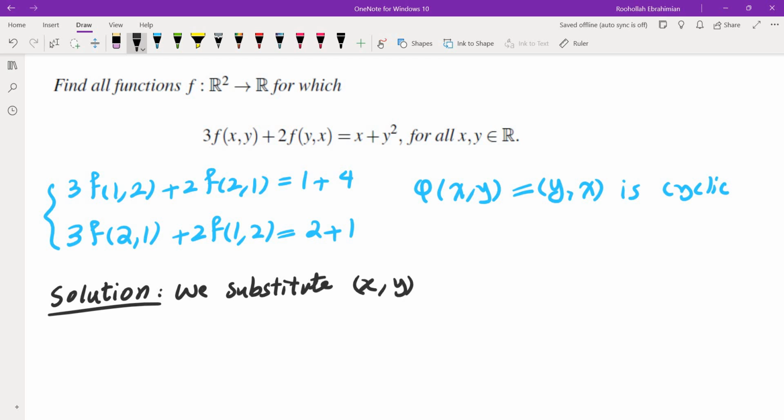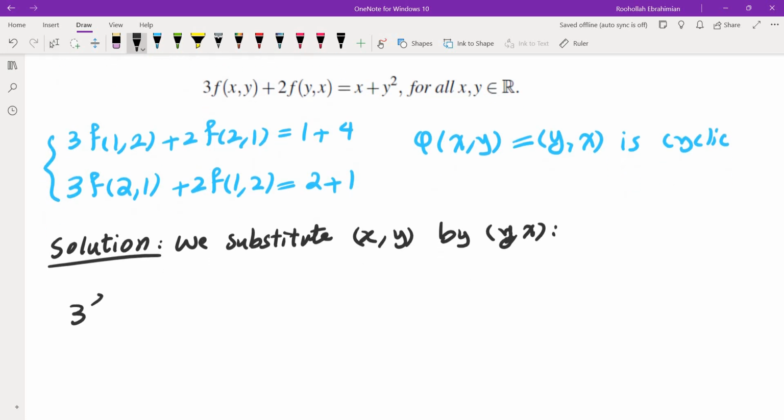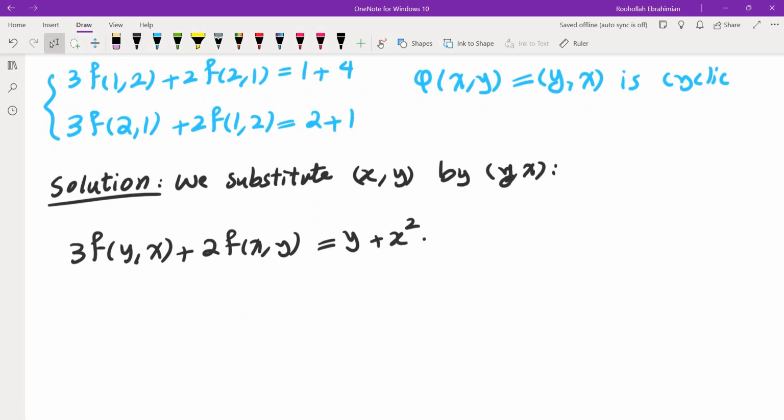So we substitute x comma y by y comma x. When we do that, we get 3f of y comma x plus 2f of x comma y equals y plus x squared. Now we get a system. So we obtain the following system.